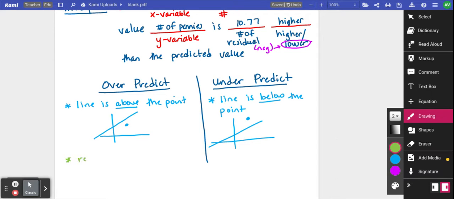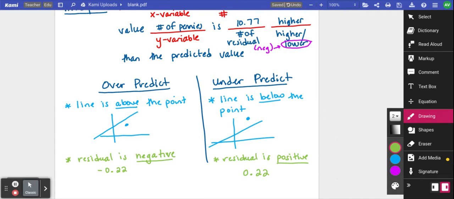If your residual is negative, so you calculated your residual or somebody told you the residual is negative 0.22, if the residual is negative, you're going to have an over prediction. And if your residual is positive, you're going to have an under prediction.